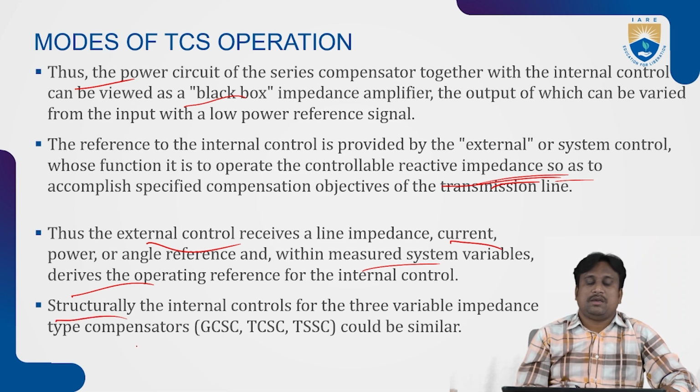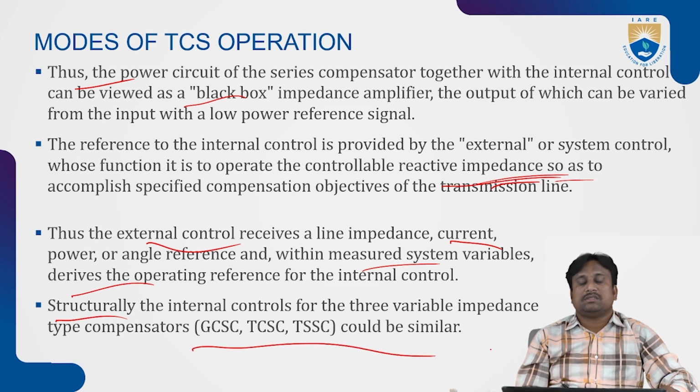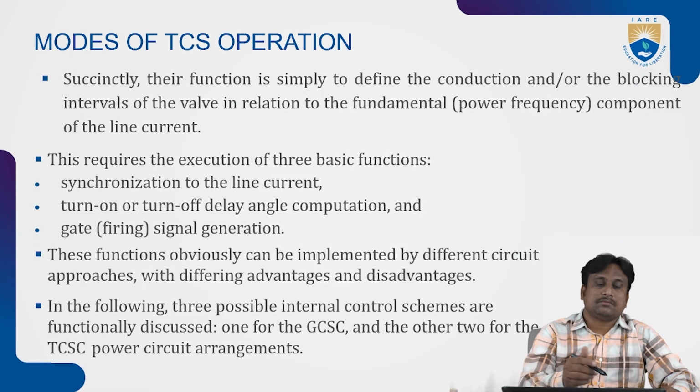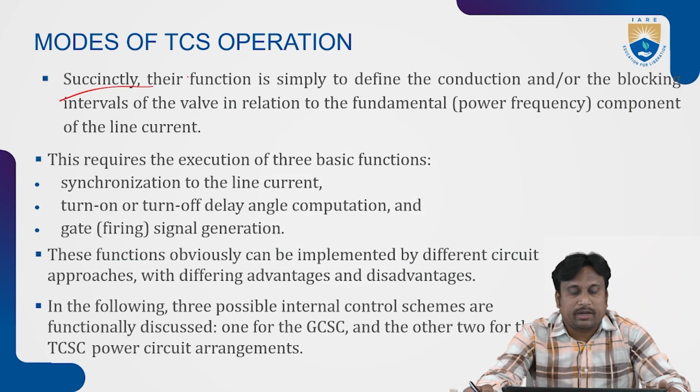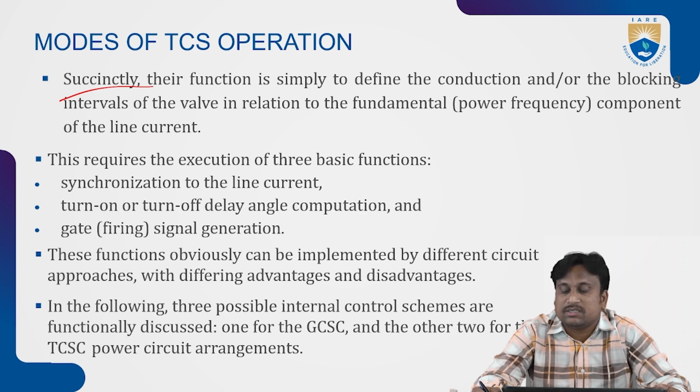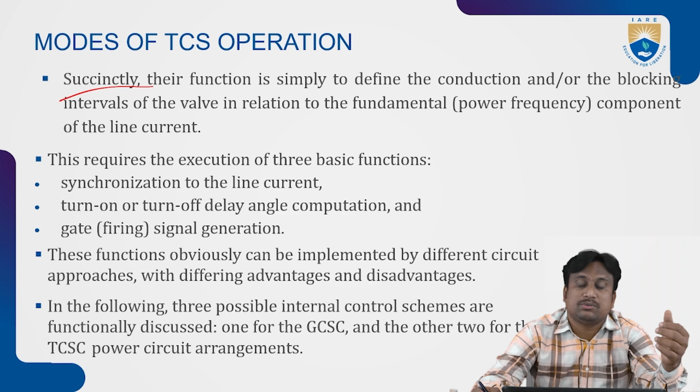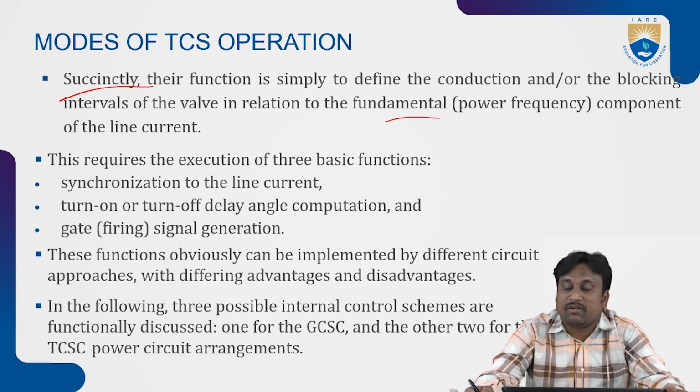So structurally, the internal controls for the three variable impedance type compensators, GCSC, TCSC and TSSC, should be similar in nature. Here the functionality is simply to define the conduction and or blocking intervals of the valve in relation to the fundamental power frequency component of the line current.